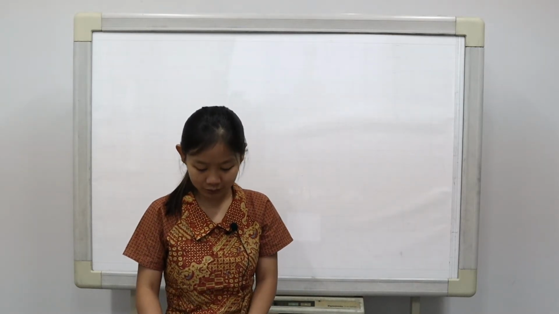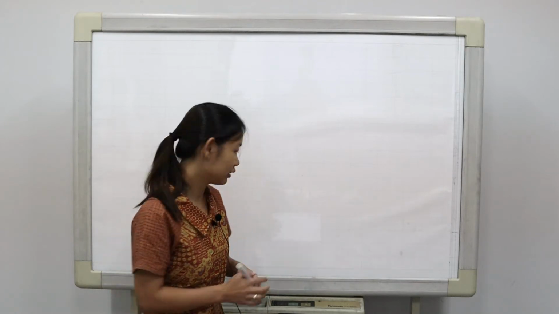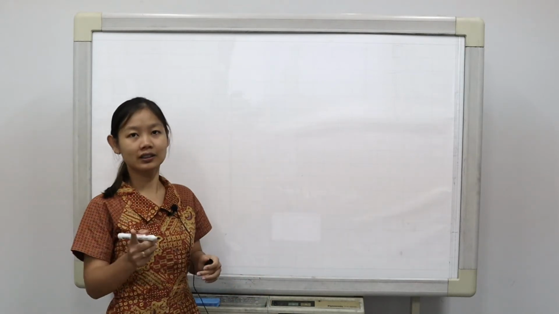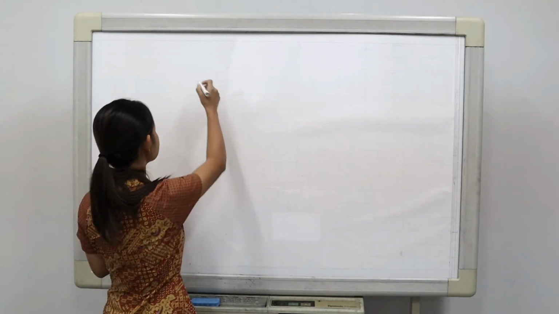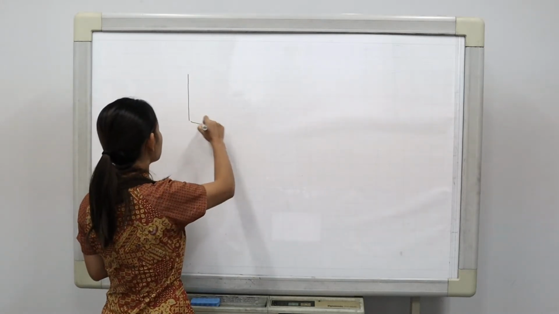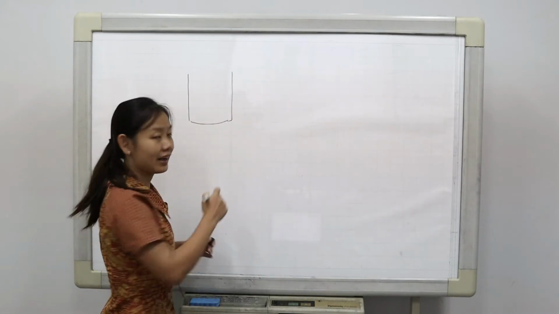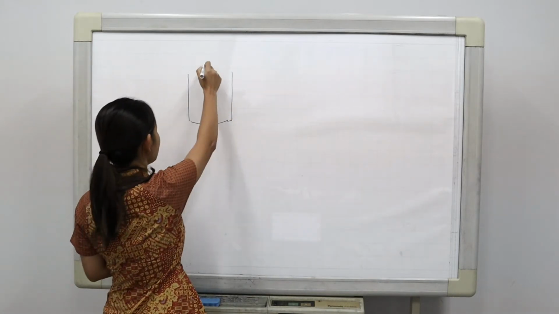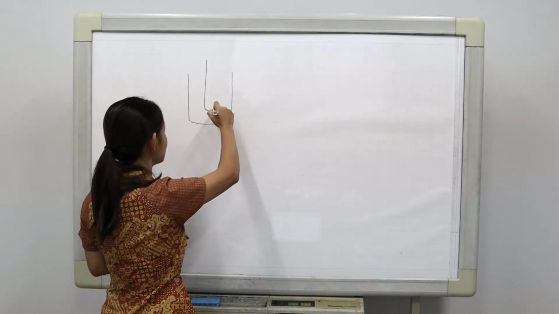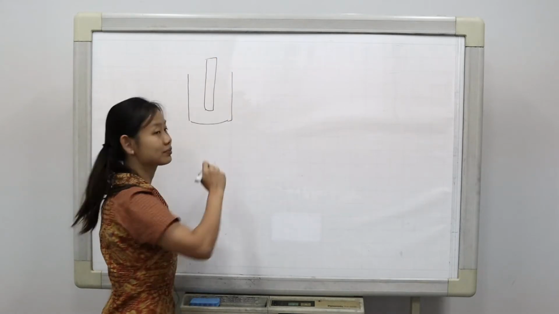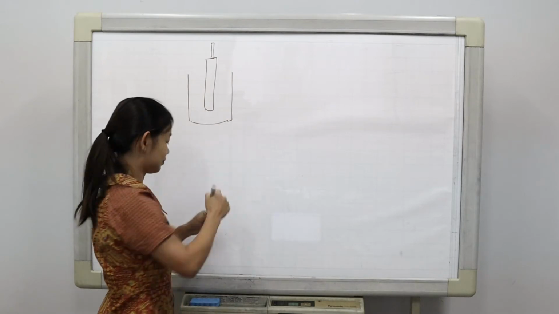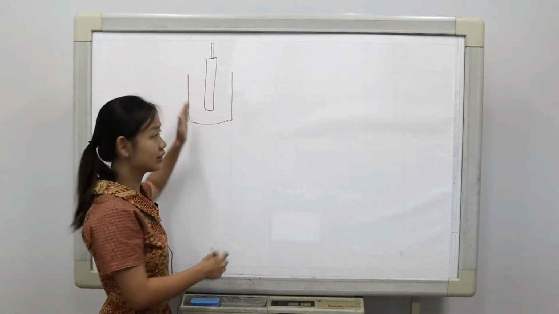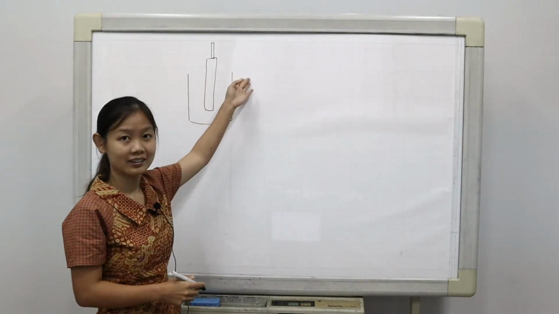Now we're going to start today's discussions. So first, in our first case, we have a tank, okay, and another cylinder, okay. So this cylinder is a rigid cylinder inside a bigger tank.